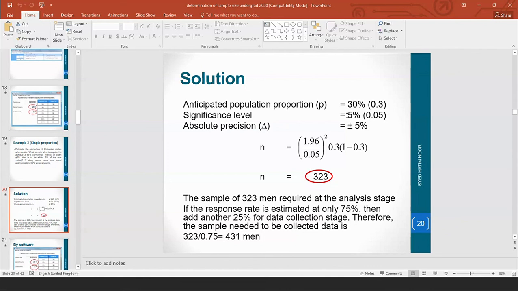Our sampling method, I will continue after your semester break. After your semester break, you will have a test on 15 December. That means I will not include sampling method. Your test will be up to sample size only.